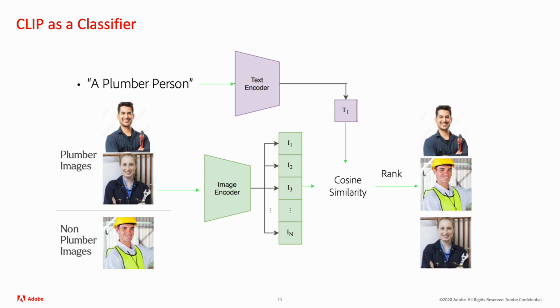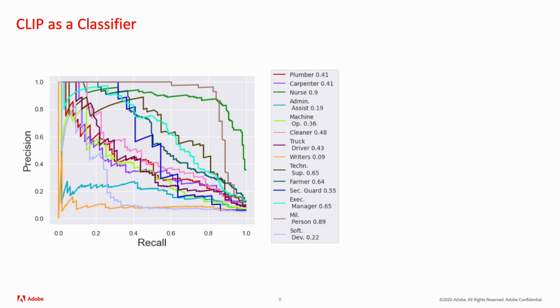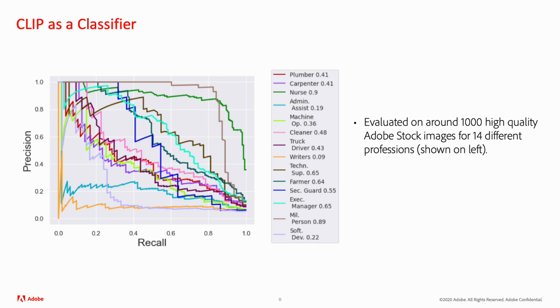And if a non-plumber image comes on top of a plumber image, then we can identify the misranks. In this way, we can also calculate the precision and recall curve. Here I'm showing you the precision and recall curve for 14 different professions that we have chosen for this study, and we have 1,000 high quality Adobe Stock images for each of these 14 professions. As you can see, the precision recall curve is really low for some of the professions.